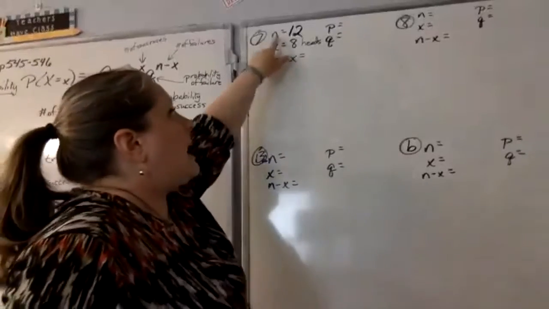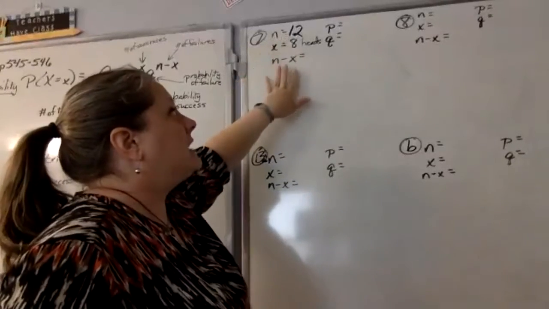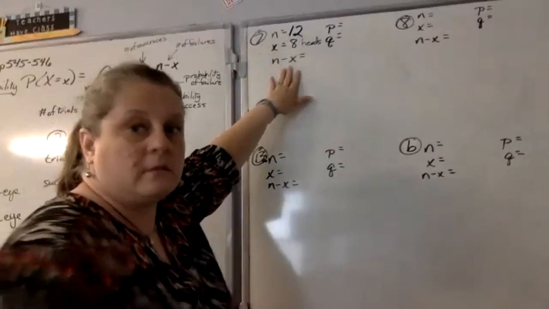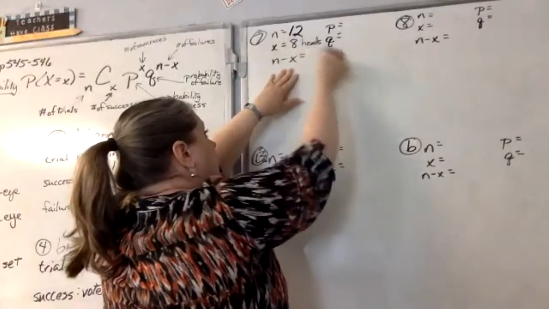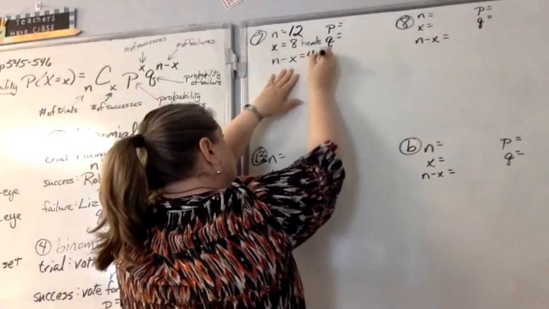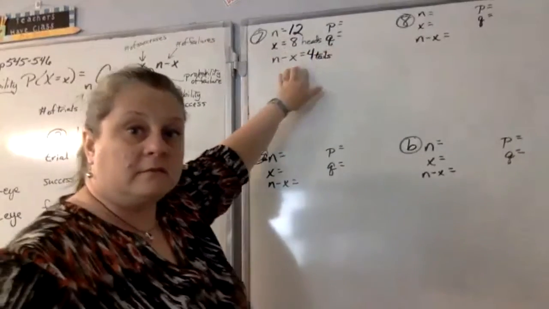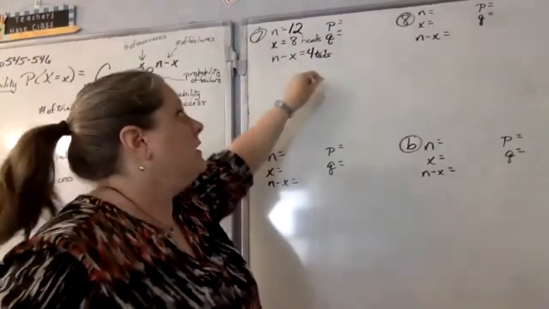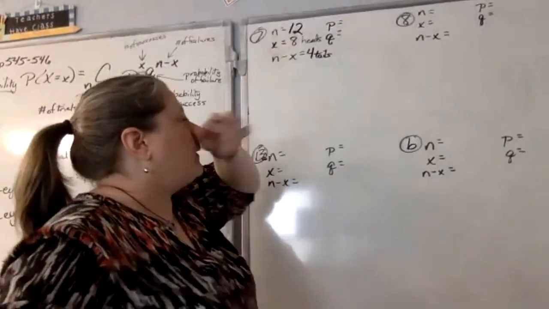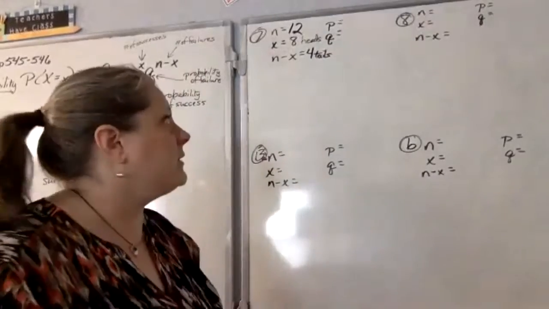So if I have 12 trials, 12 flips total, 8 of them are heads, how many will be tails? 12 minus 8 is just 4, right? Yes, 4. These have to add to the total. If he gets heads 8 times, then that means the other 4 times he got tails.